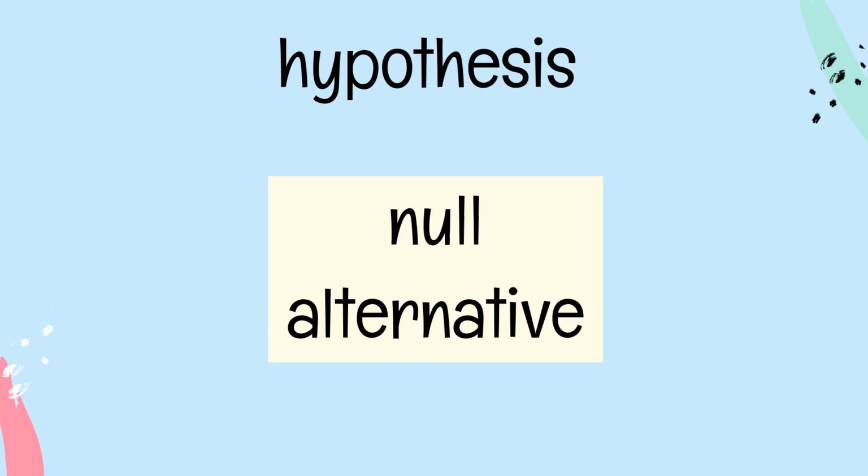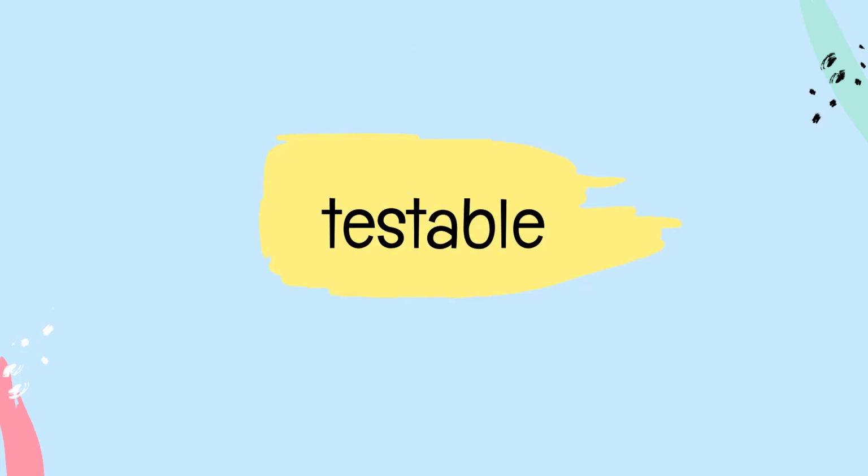Also, take note that the null hypothesis is written in negative form, while the alternative hypothesis is stated in affirmative statements. One of the good characteristics of a hypothesis is its testability.